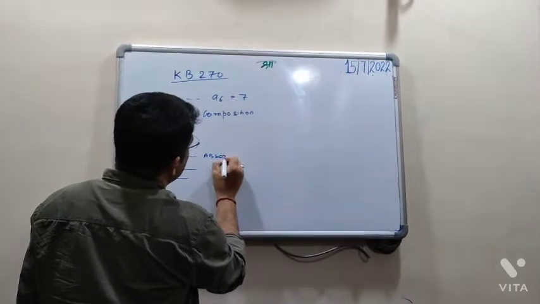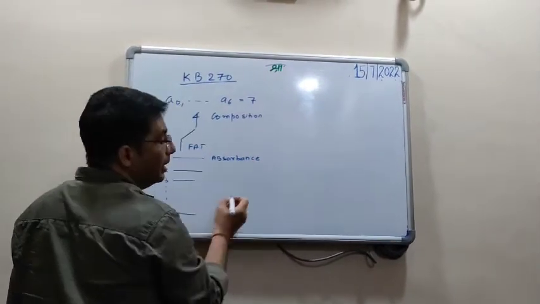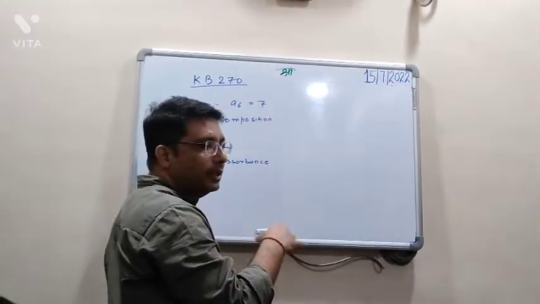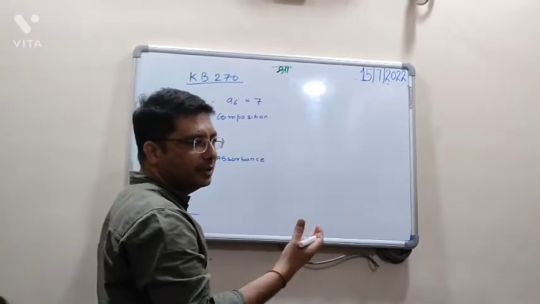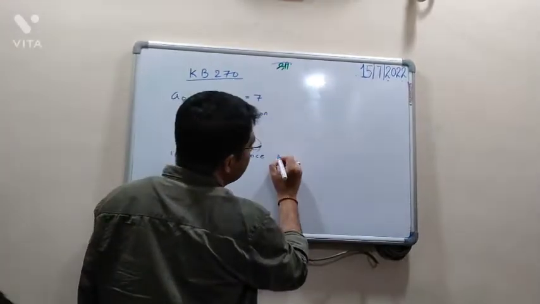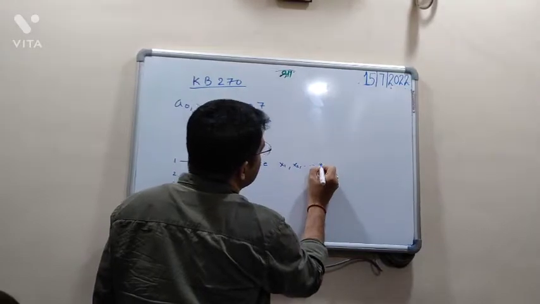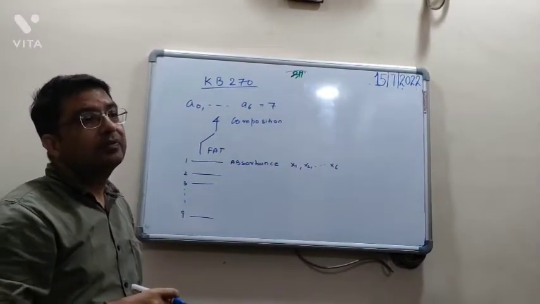Okay. Now, for each sample, you are getting absorbance, and absorbance was written in another variable. They have used another variable for absorbance, that is x1 to x6, right? Can you see the values of x1 to x6? Yes.